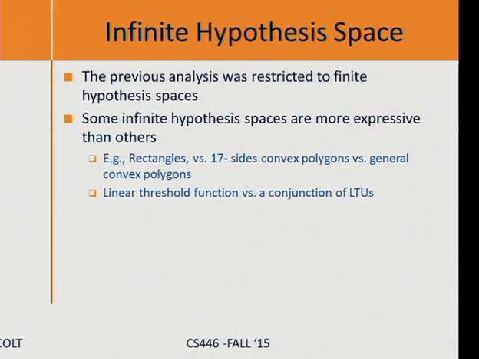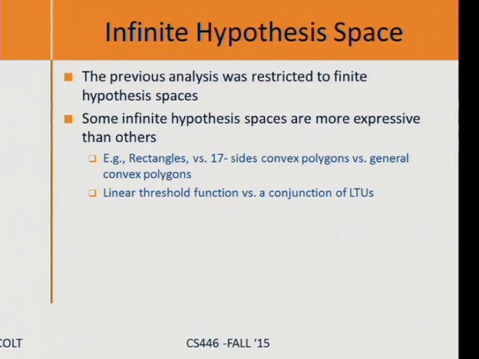So that's what we're going to do now, right? So I want to be able to replace the size of H, the size of the hypothesis class, with something that tolerates infinite spaces. So the intuition is that infinite hypothesis spaces also have some levels of expressiveness. For example, if I think about rectangles versus 17-side polygons, or just convex polygons, without limiting the number of sides, these are 3 distinct classes of hypotheses, but one is more expressive than the other.